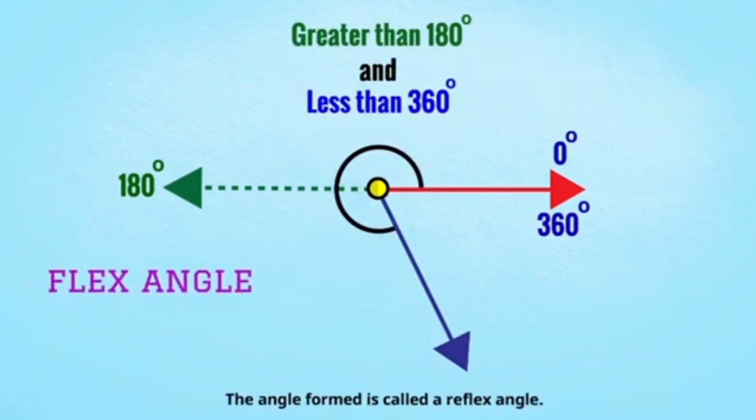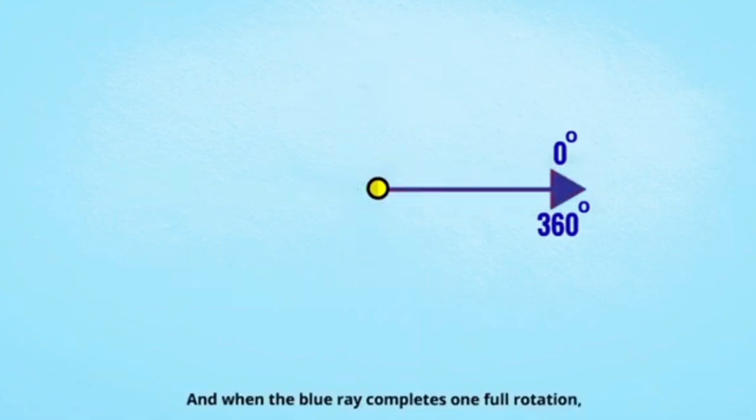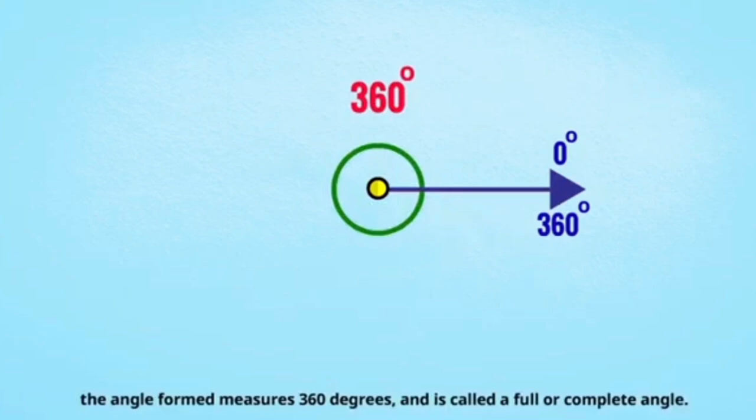And when the blue ray completes one full rotation, the angle formed measures 360 degrees and is called a full or complete angle. In this picture, all students, this is a complete angle.